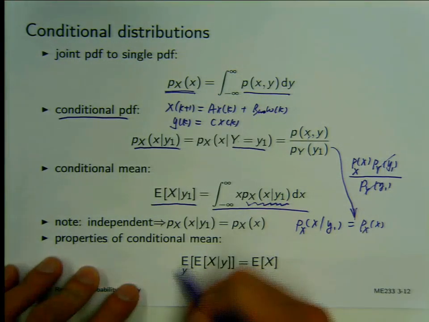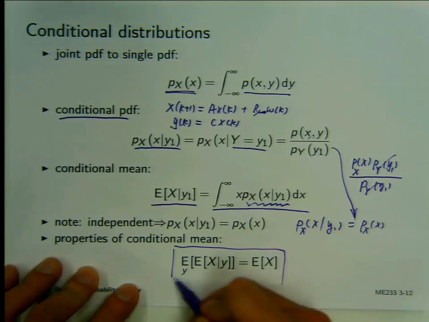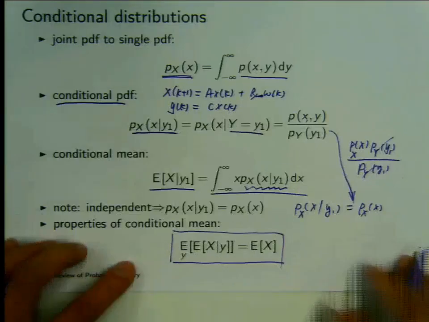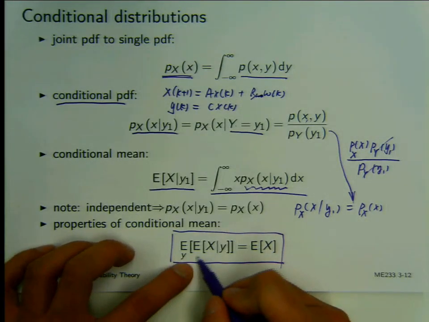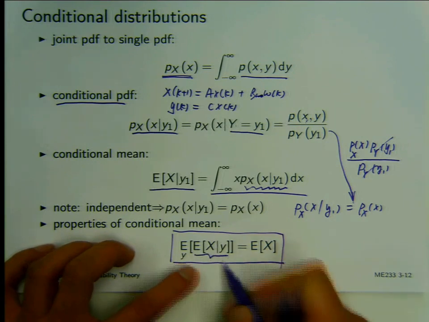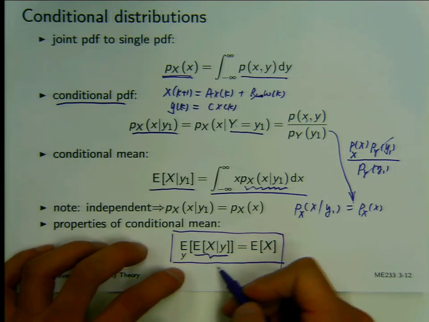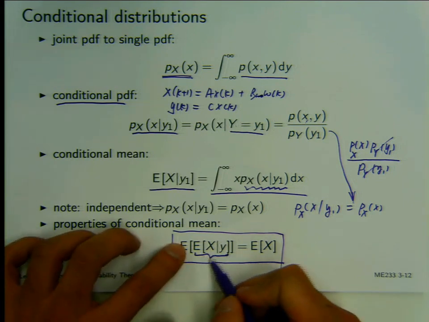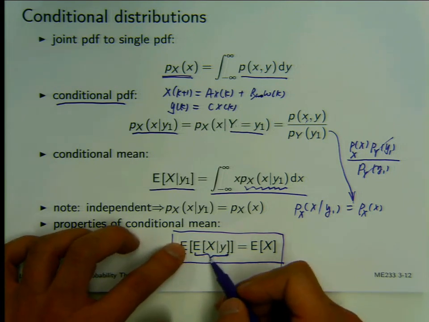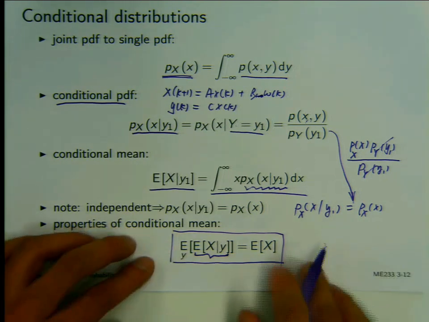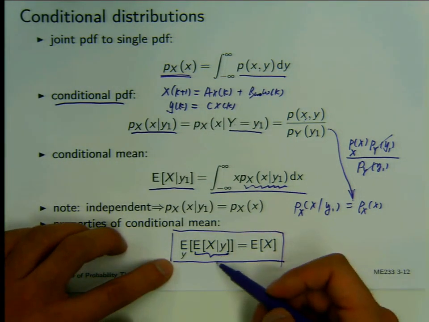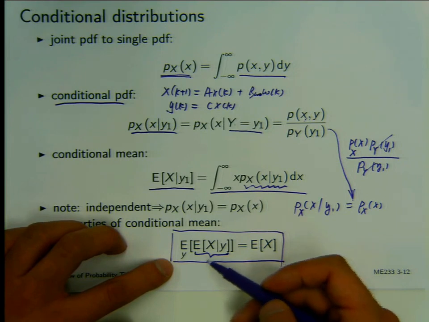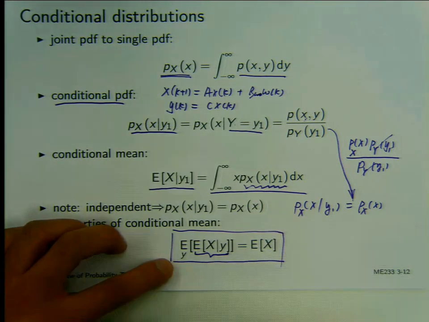This property is very useful. So when I say the expected value of X given Y, what do you think this guy is going to be a function of? The information of X is averaged out.